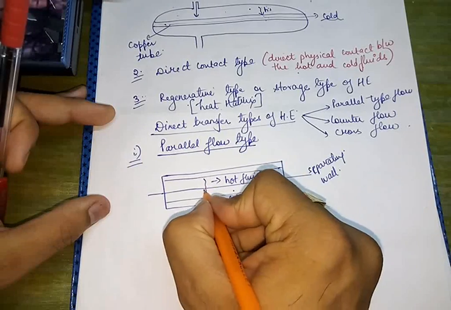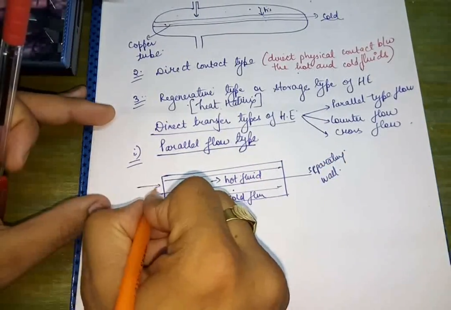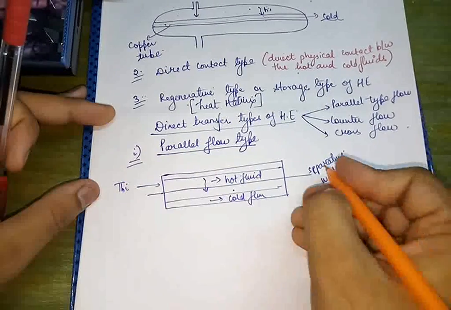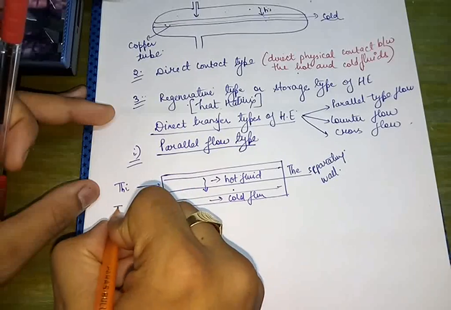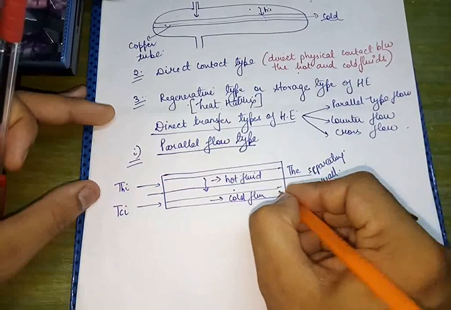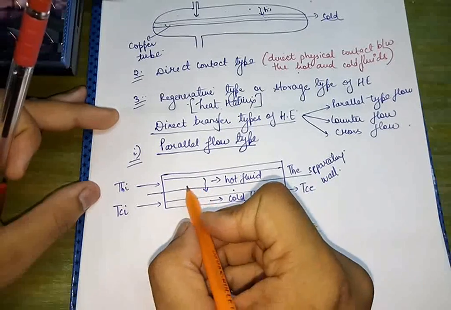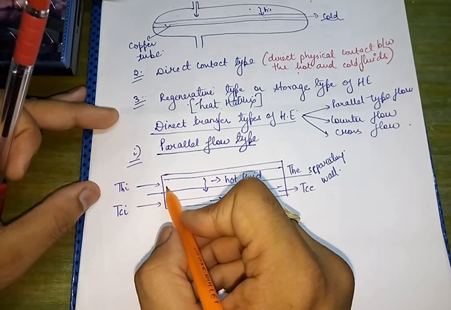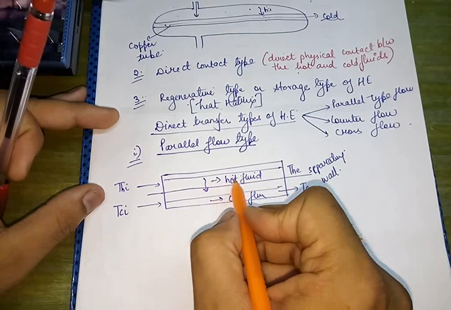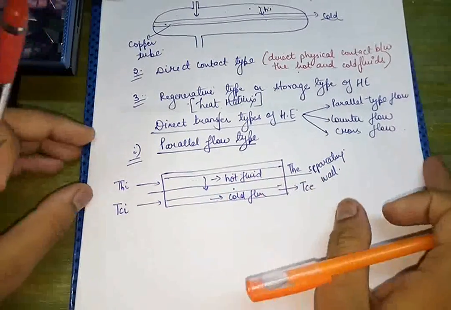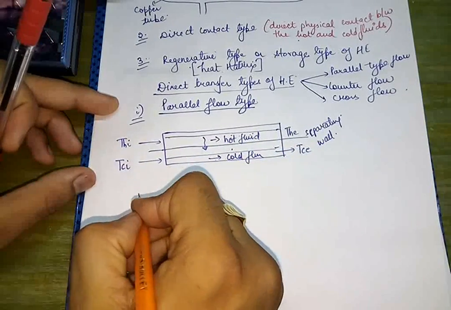So there is actually a heat flow between the hot and the cold fluid such that the inlet temperature of the hot fluid is Thi, exit temperature The, inlet temperature of the cold fluid Tci, and exit temperature of the cold fluid Tce. Okay, so these are the entry and the exit conditions. What we are observing here is the direction of flow of the hot and the cold fluids both are same. They are flowing in the same sense or direction.